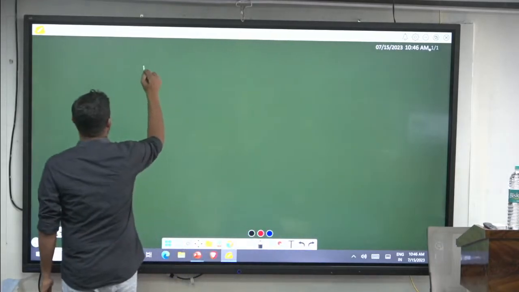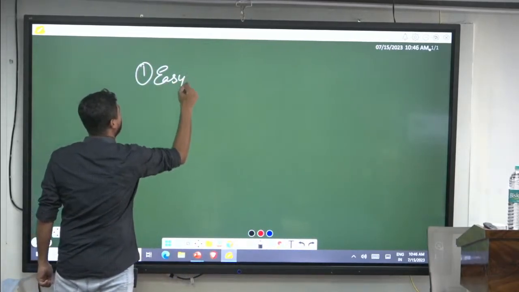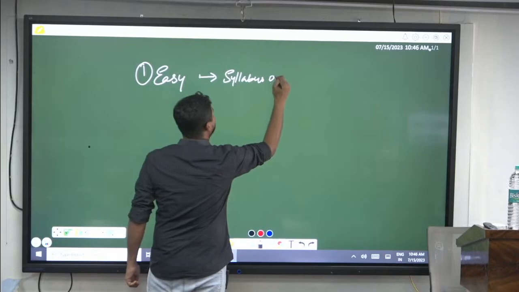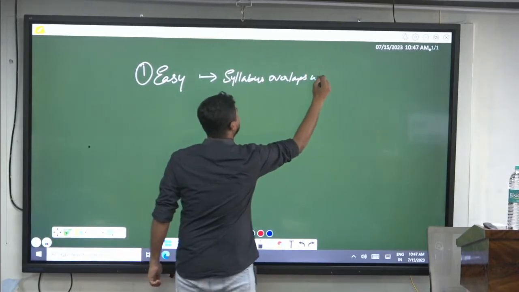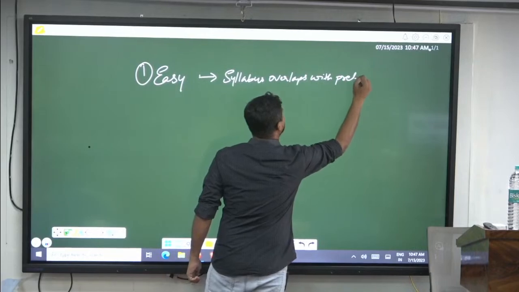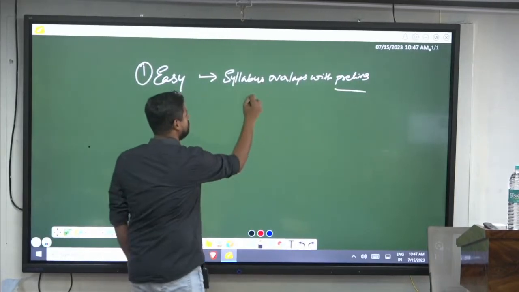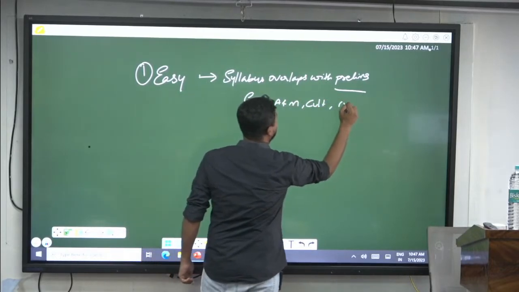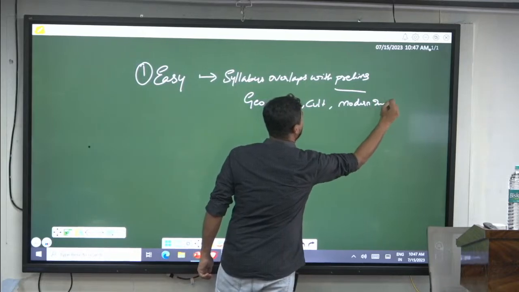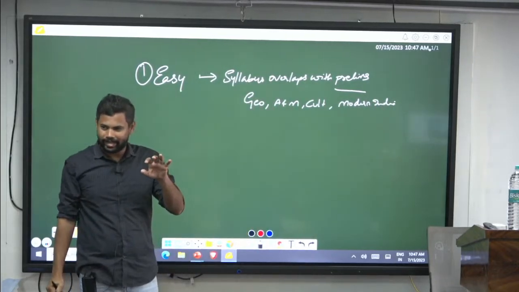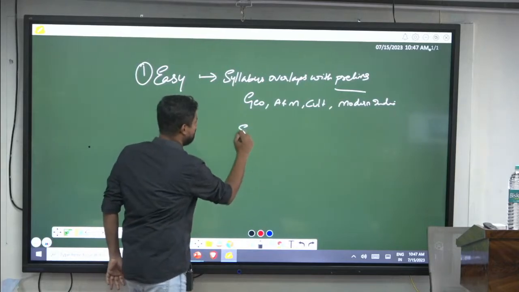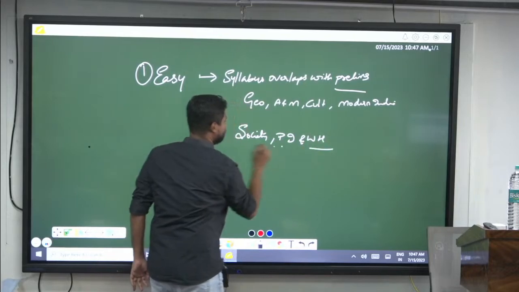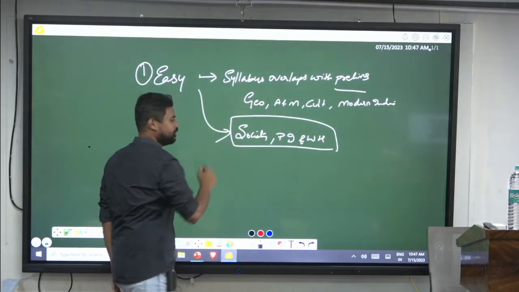Okay, the first is people think that paper 1 is very easy because the syllabus overlaps with prelims, especially the geography, the ancient and medieval, the art and culture, and modern India. So usually your entire energy will go into studying society, post-independence, and world history. So this is where you think the entire paper is made up of this.